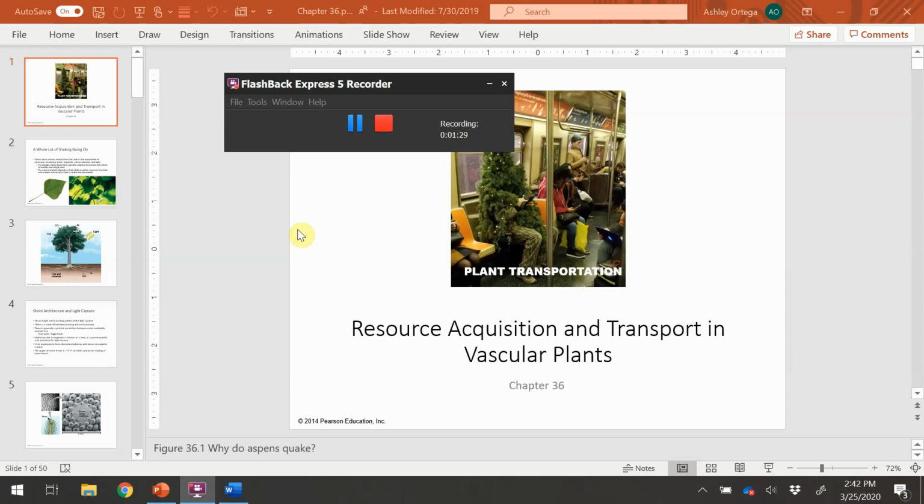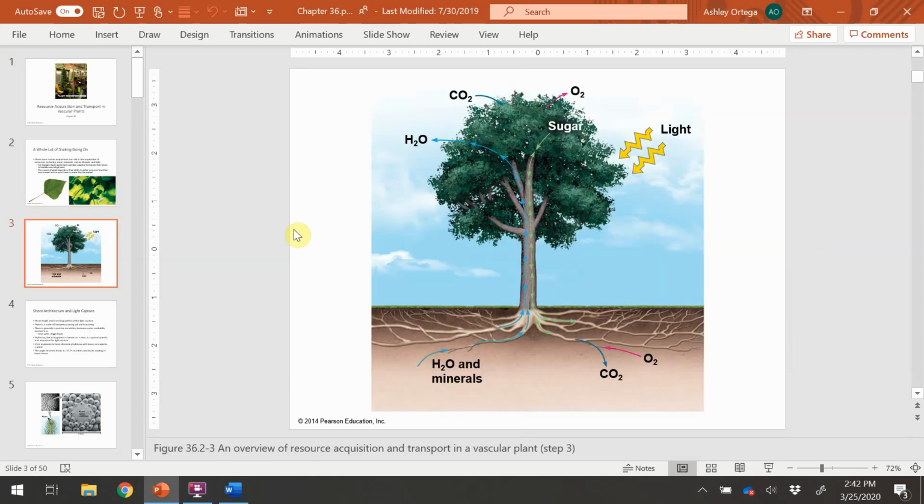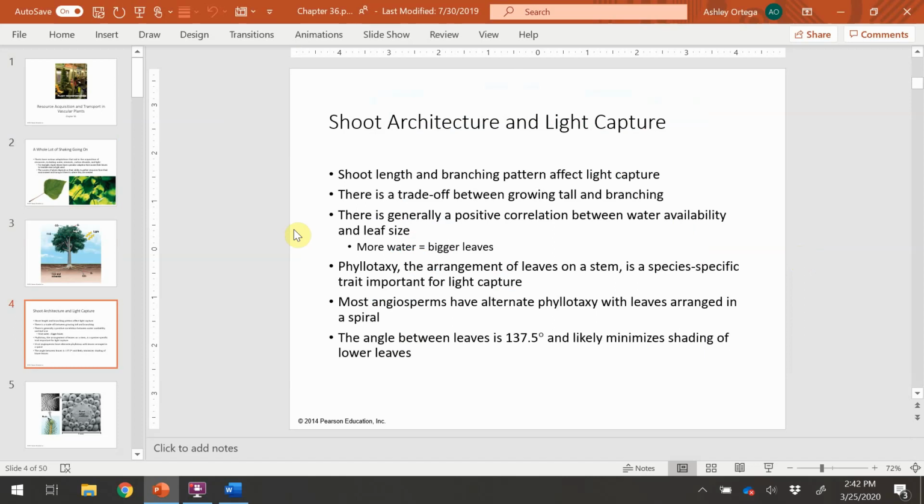All right, so let's take a look here. So starting out, for plants, there's a trade-off between growing tall and branching out. So very tall trees may not have very long branches.